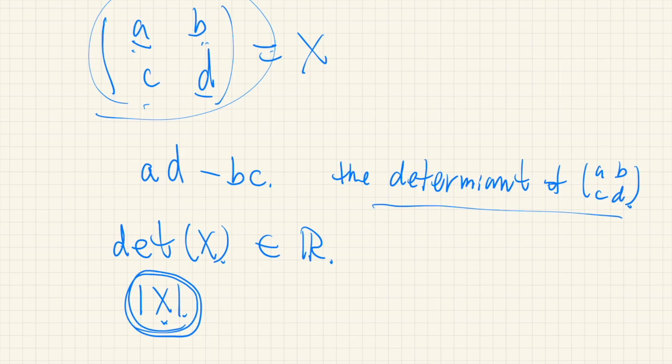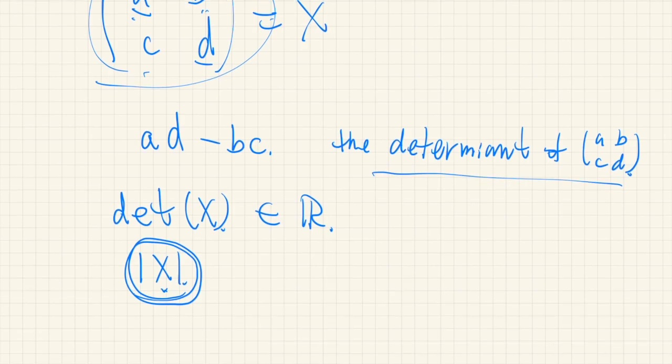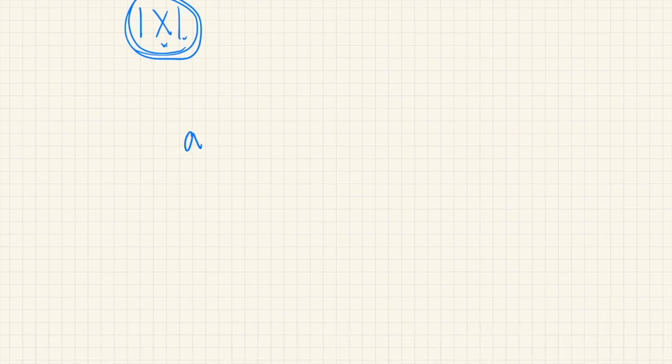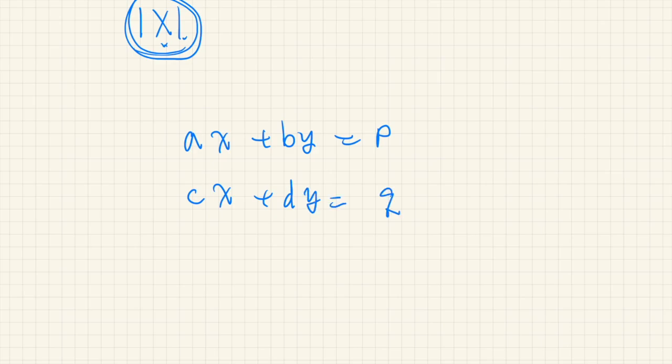But before that, let's see the connection between simultaneous linear equations and matrices and determinants. So consider the following equations: ax plus by equal to p, and cx plus dy equal to q.